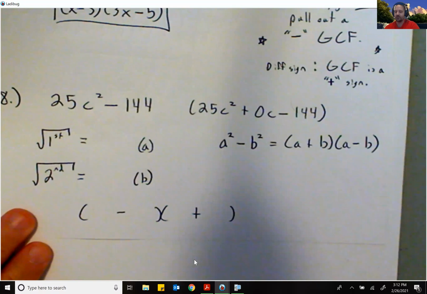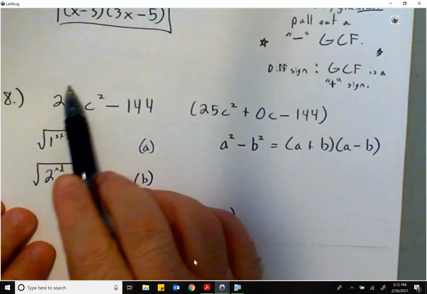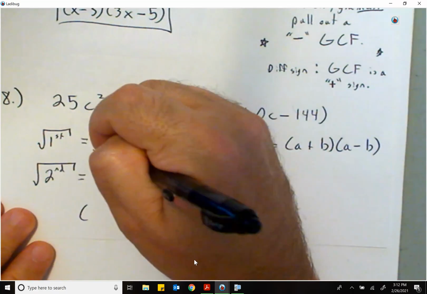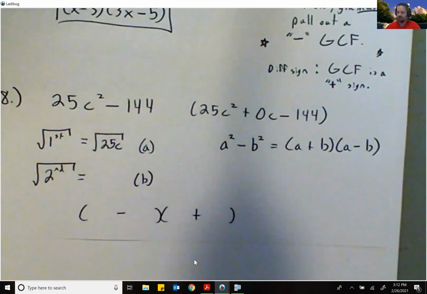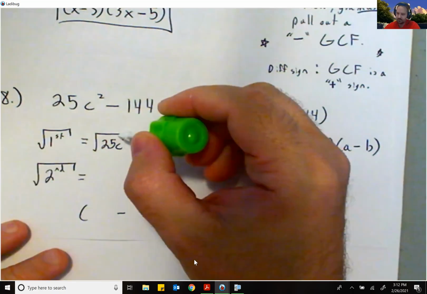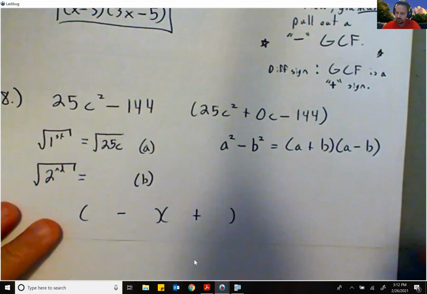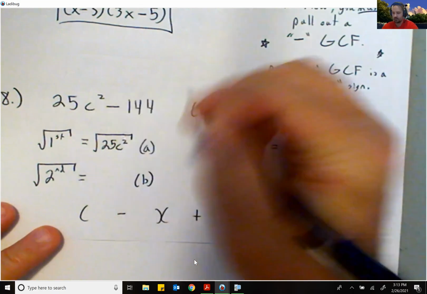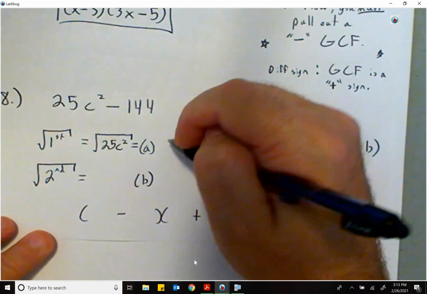So what is my first term? 5. No, my first term is the square root of... sorry, yes. 25c squared. I know what you're getting to. You're jumping ahead of me. So the square root of 25c squared, which is equal to our a value, which is what? 5c.